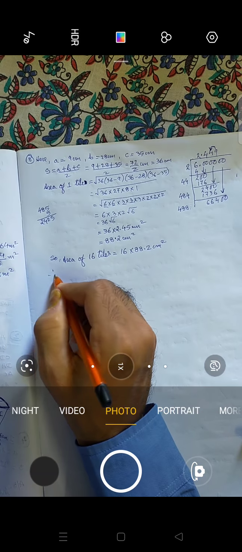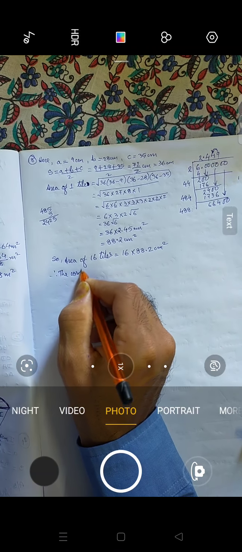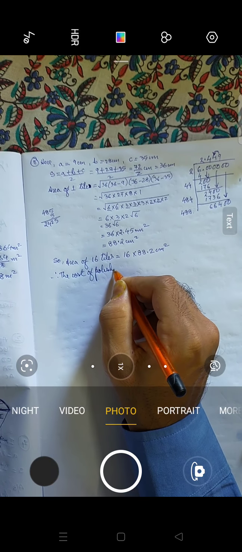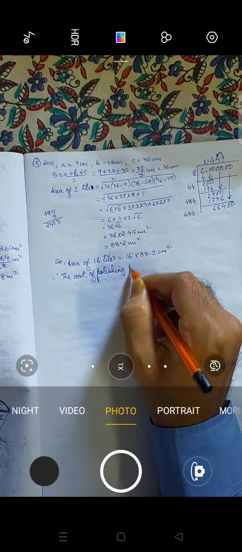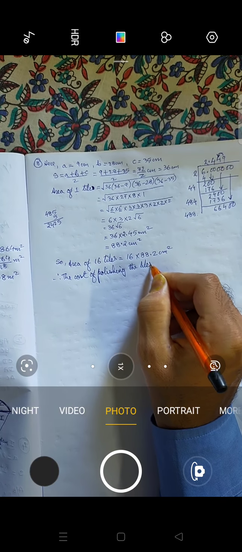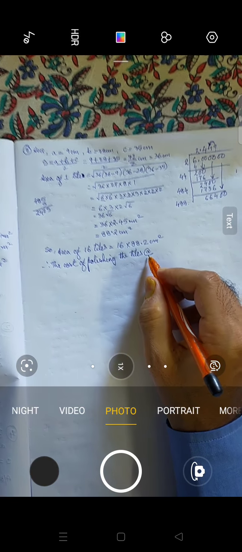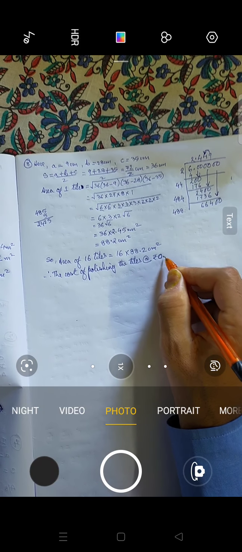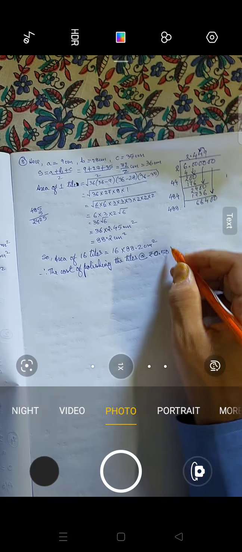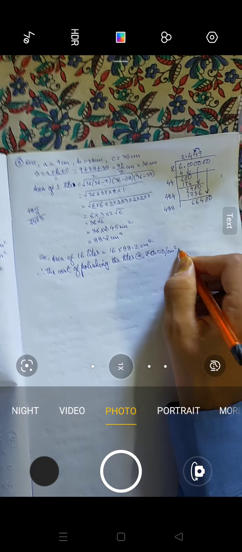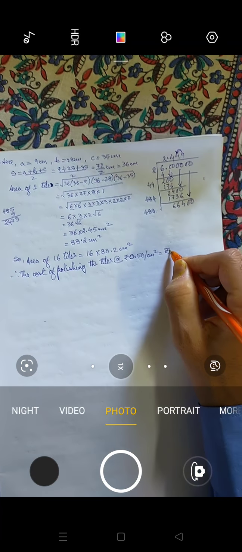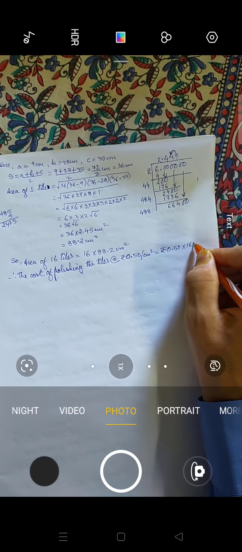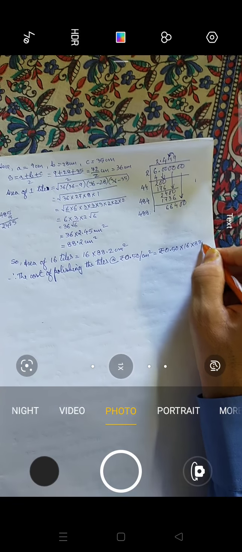So we'll say that therefore the cost of polishing the tiles at the rate of, this is called at the rate of 50 paisa, that means rupees 0.50 per centimeter square, equals rupees 0.50 into 16 into 88.2.